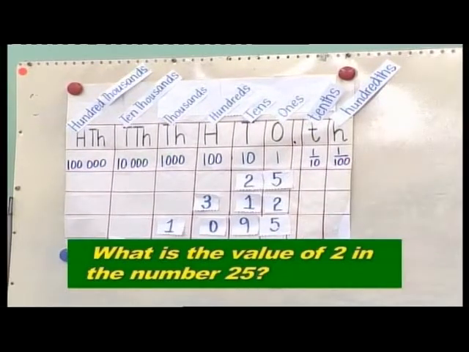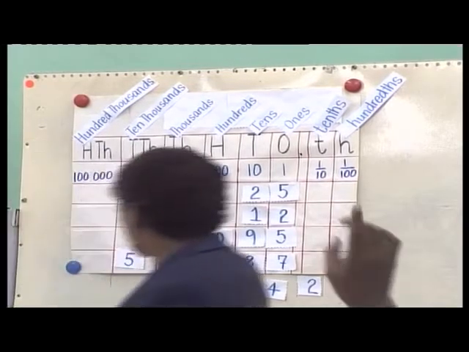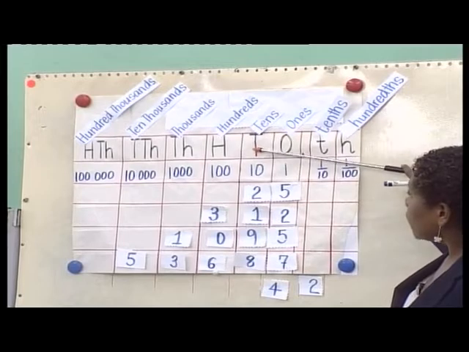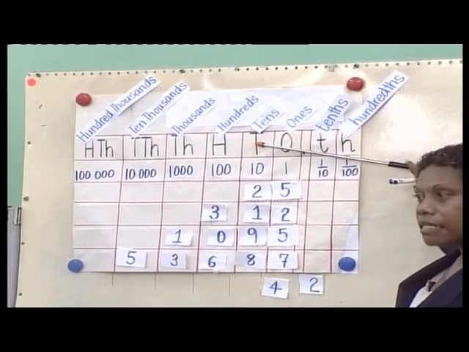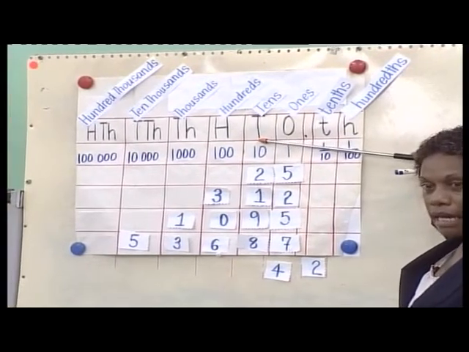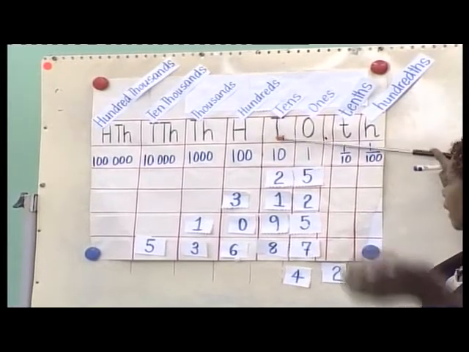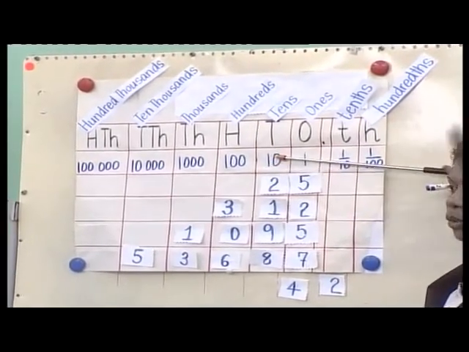Okay, let's have Mike, please. Thank you. Value of 2. All right, in the tens, you have the value of 10 is 10, 1, 0. Now I have a 2 here in this column. What will be the value?